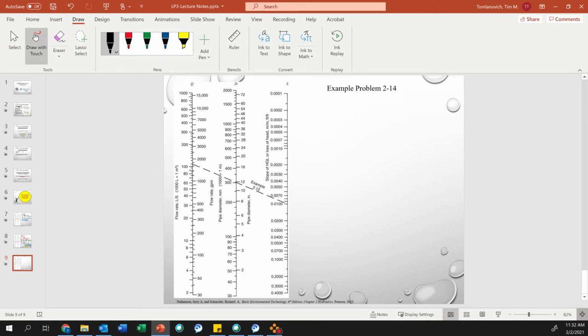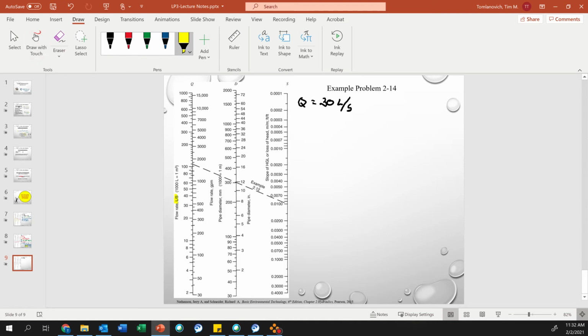What minimum pipe diameter is required to carry a flow of 30 liters per second? So Q equals 30 liters per second. Okay, so if I look here in the metric, flow rate is in liters per second.